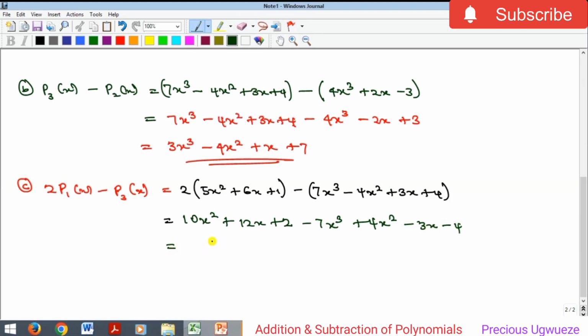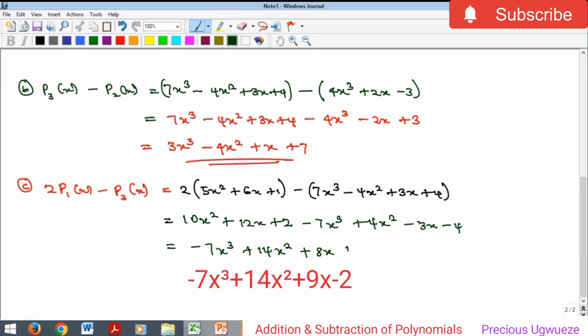There is no x cube on this side, so I'll just bring the minus 7x cube, and then over here I have 10x squared and then 4x squared. Adding them together, I will have 14x squared. Then 12x minus 3x is going to give us plus 8x, and finally 2 plus 4 will give us 6, and that is the solution here.